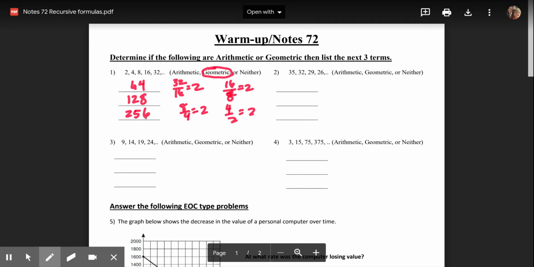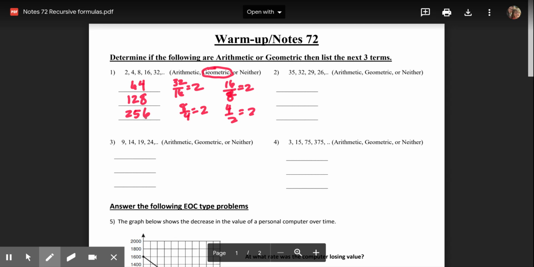All right, number 2. Let's see, in the directions from the note 71, it said to subtract the new from the old. Basically, what you can do here is, you see that I've subtracted 3. You can subtract 3 each time.